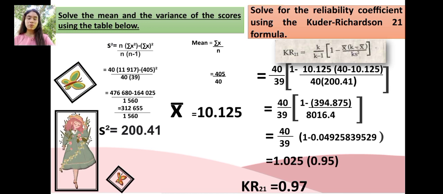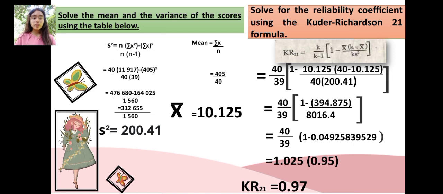Our n is 40, the number of items. Our summation of squared scores is 11,917, just like in the table. Copy the negative sign. Then summation of x is 405, and copy the squared.